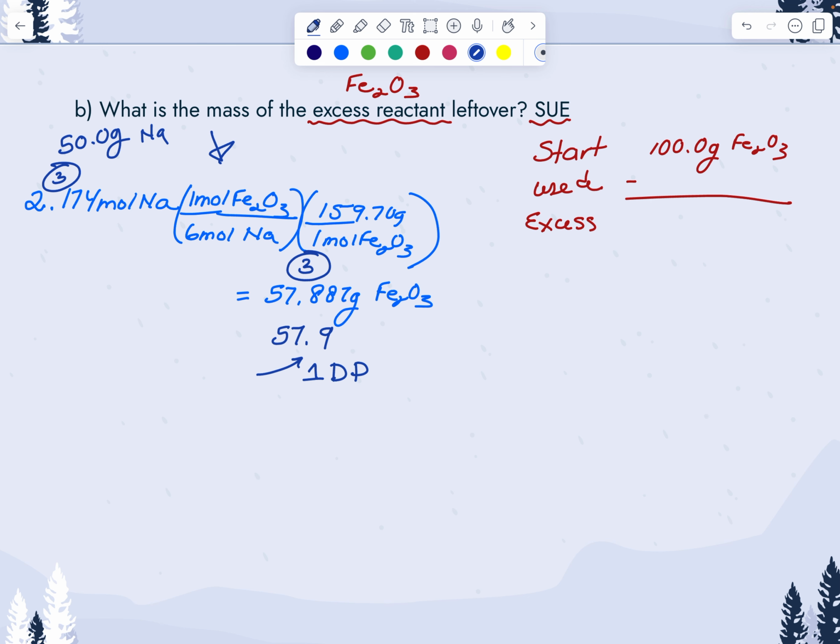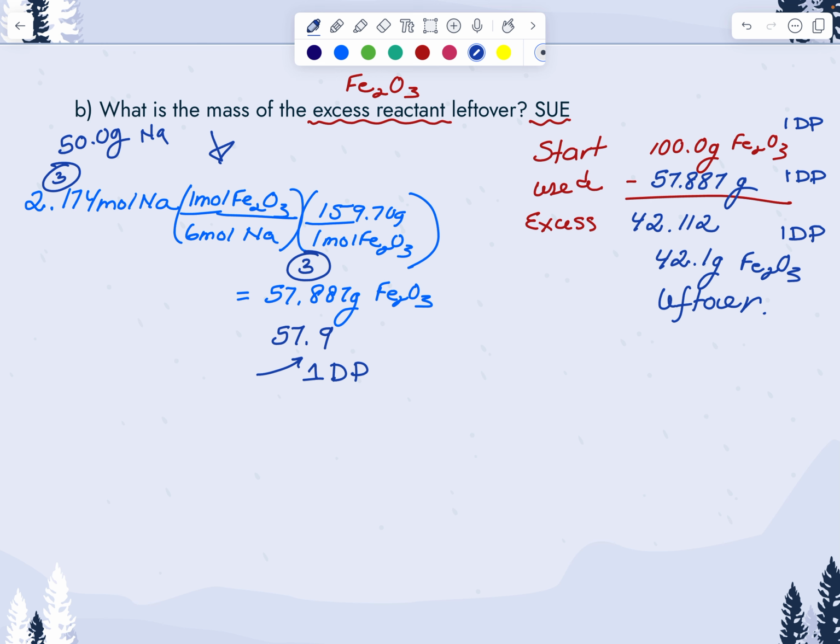So when I go to think about this problem, this number has 1 decimal place. I'm subtracting from it a number with 1 decimal place. So my answer will have 1 decimal place. But now I use the unrounded answer. Remember, we don't round until the very, very end. So 57.887 grams. When I do that subtraction, I'm going to get 42.112, and then I round it to 1 decimal place, 42.1 grams of Fe2O3 left over.